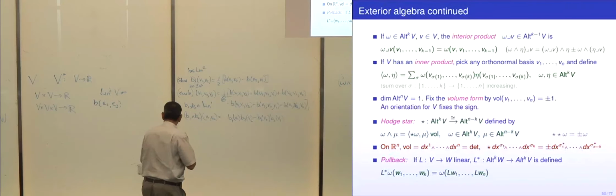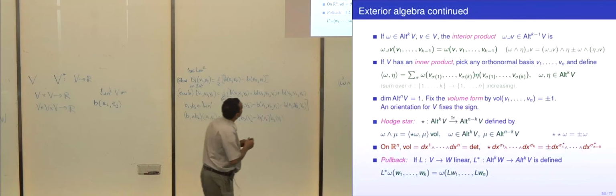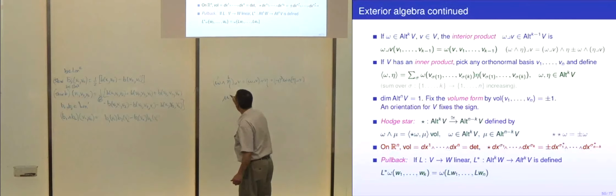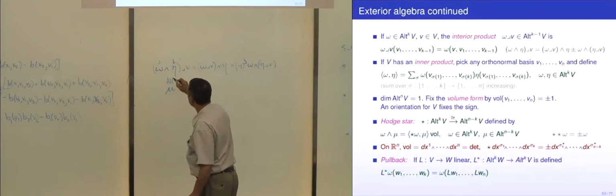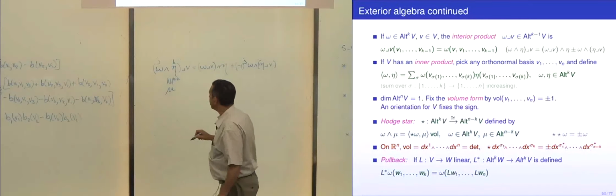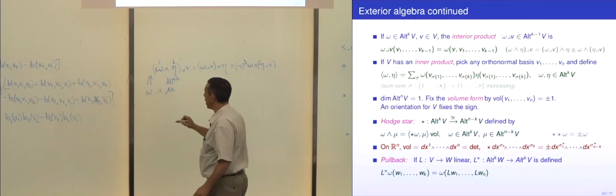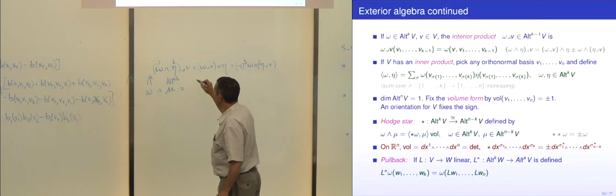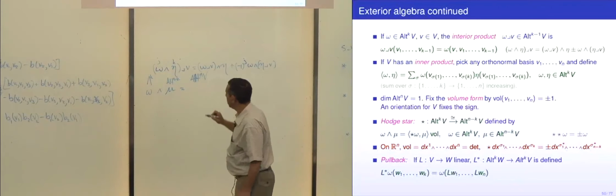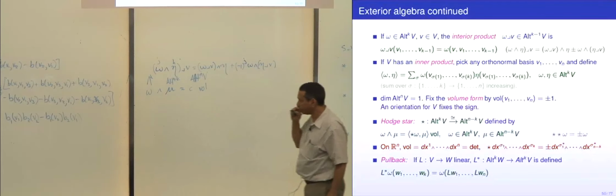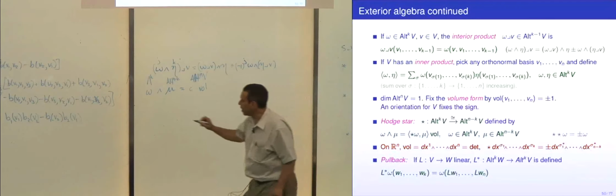Okay, and then we get this Hodge star operator, which is very important. And here the idea is the following. Take an n minus k form, and take a k form, omega. You can wedge them together, and you get an n form. You get alt n of v. And these are just multiples of the volume form, so you get a certain multiple of the volume form.